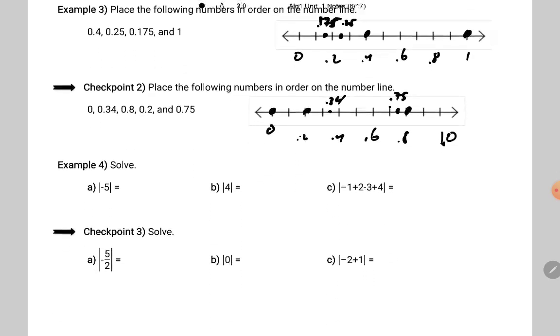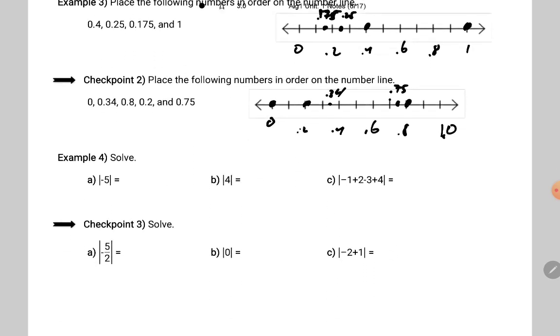All right, let's solve these absolute value problems. So remember this notation here is absolute value. And once again, the distance away from 0, starting at -5, is 5. The distance from 4 to 0 is 4. So think of this as parentheses.